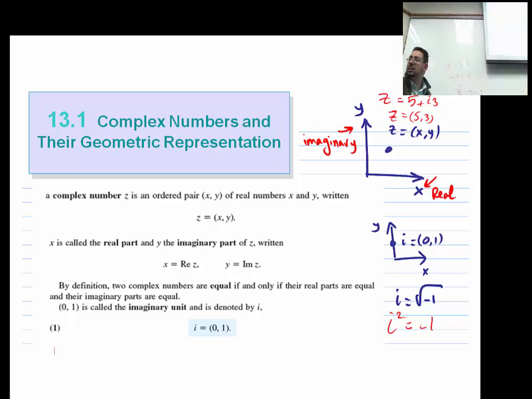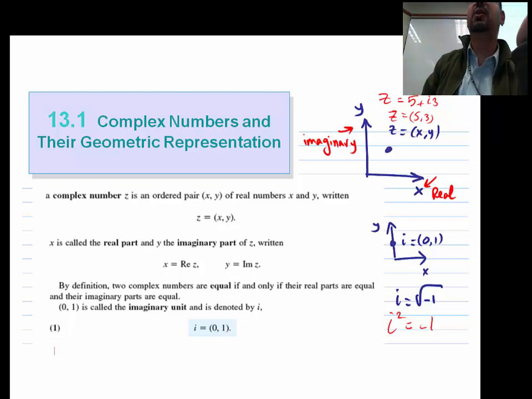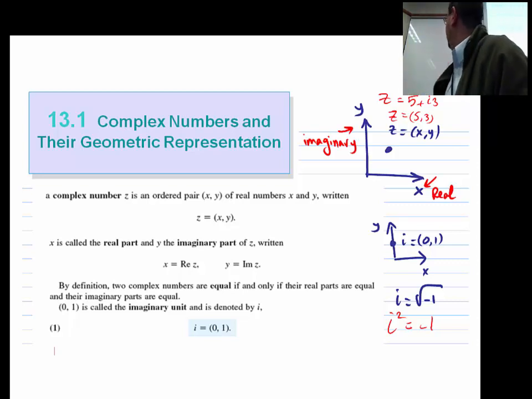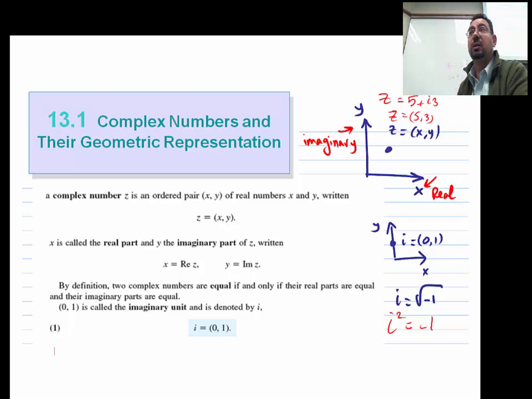What is the real and imaginary part? It's as if the equation is a nonlinear equation in z, and we want to find that z. Right?